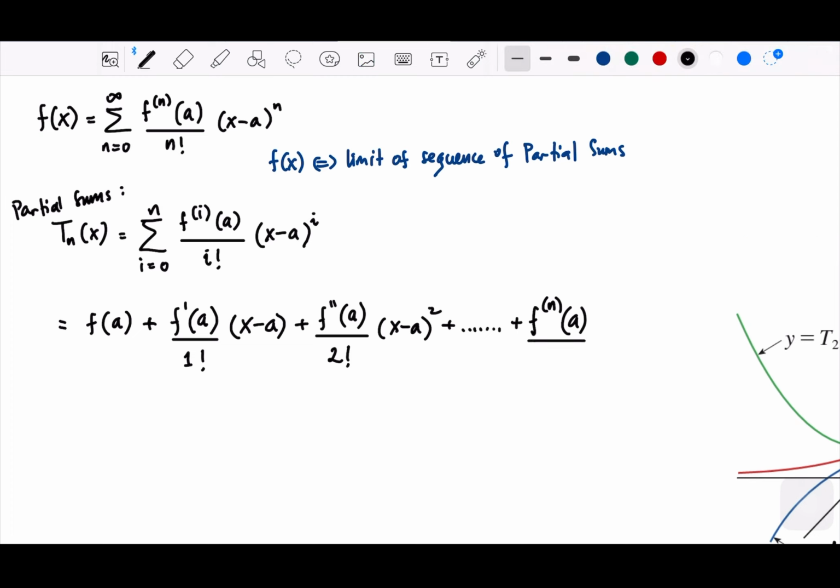And this will be n factorial and x minus a with power of n.